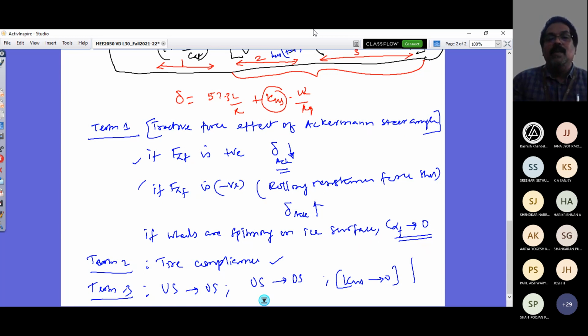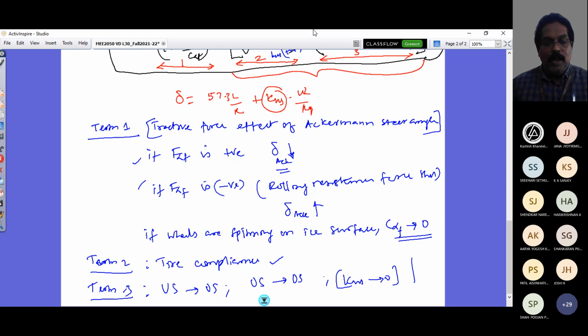You have looked at an understeer gradient change from its steady state motion due to various factors other than tire compliance. One is lateral load transfer, another is roll steer effect, another is camber effect, change in camber. And today you looked at what would happen if drive forces or brake forces are acting, change in KUS.